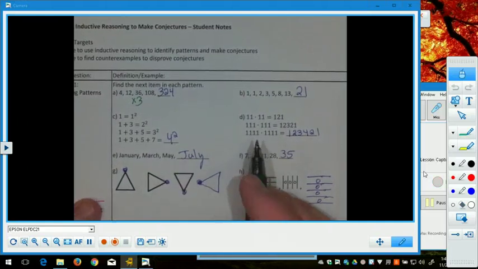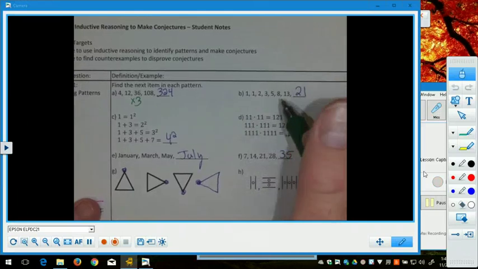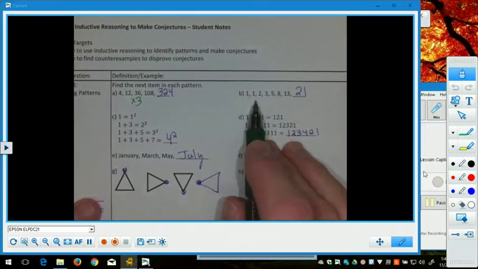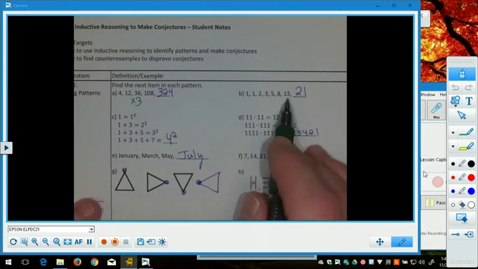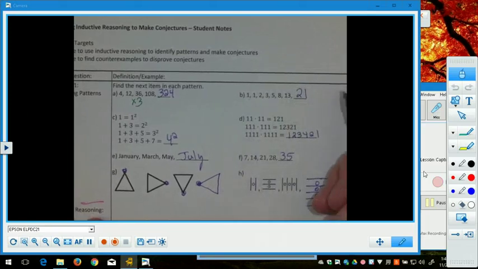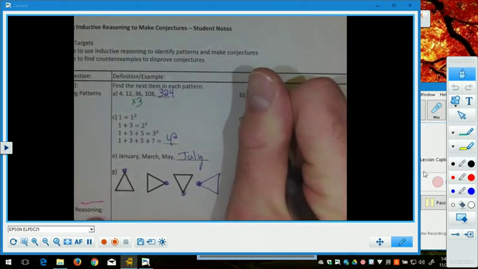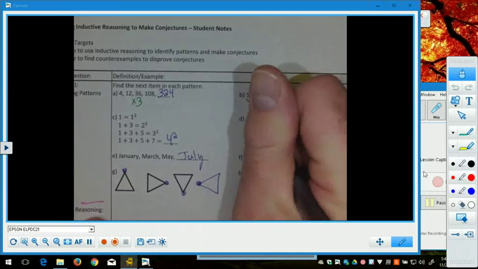Letter B is a little tricky to figure out because you don't see a pattern, right? They added 0, they added 1, they added 2, they added 2 again, they added 3, they added 5. That doesn't make sense. It's actually called the Fibonacci sequence. And so what they're doing is adding the previous two terms.